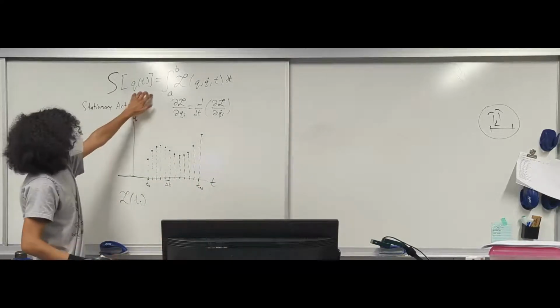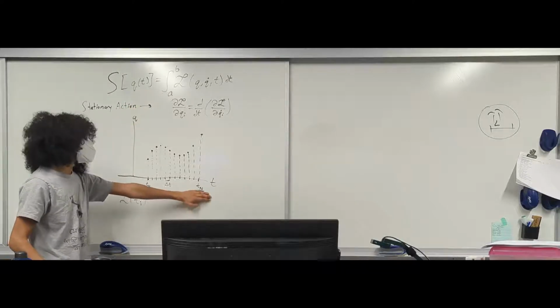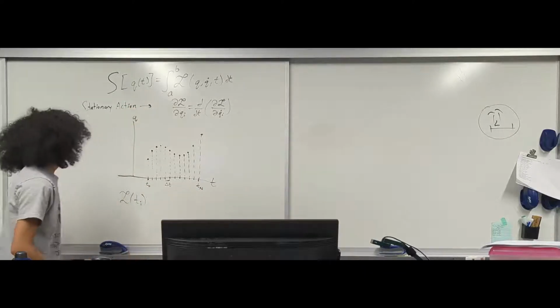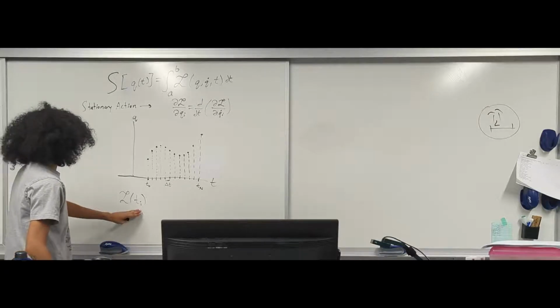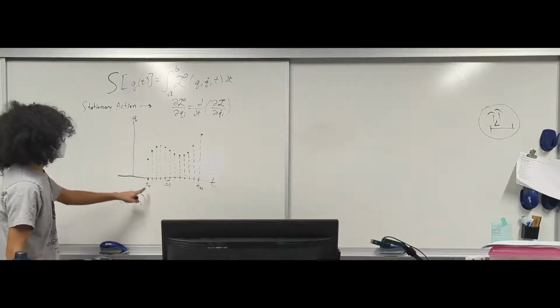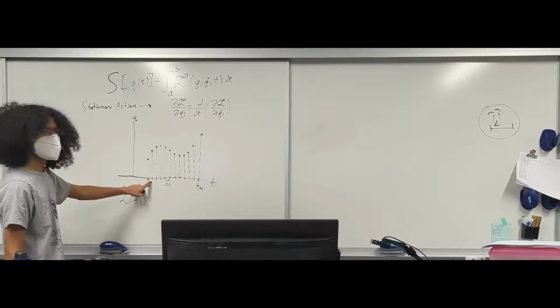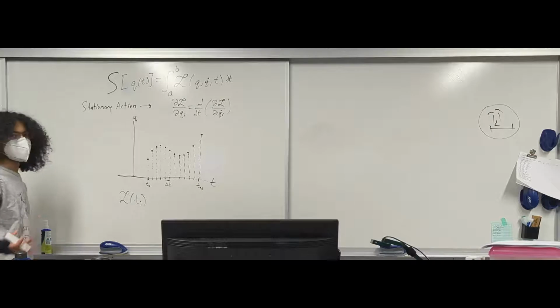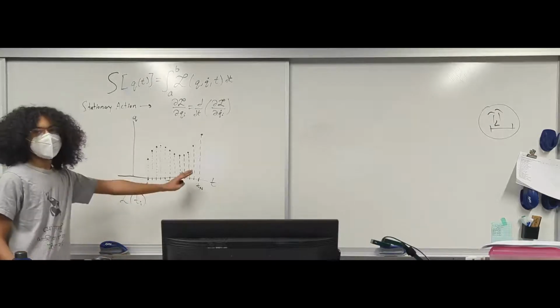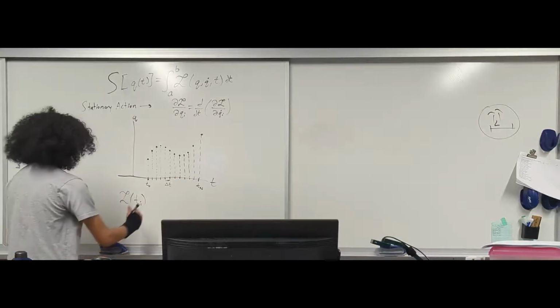Then in the actual action integral, we take the limit as n goes to infinity. It might be more accurate to say that t0 is this first time interval, but it doesn't really matter that much once we take the limit to infinity.